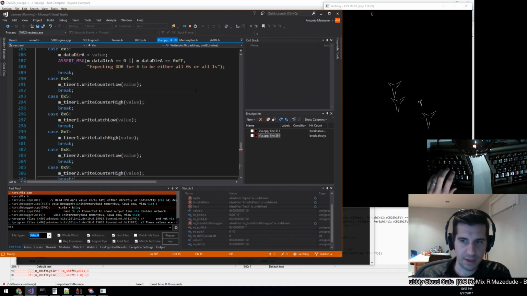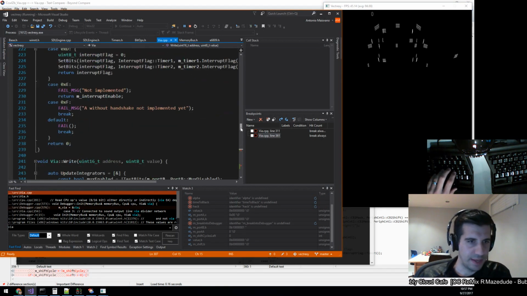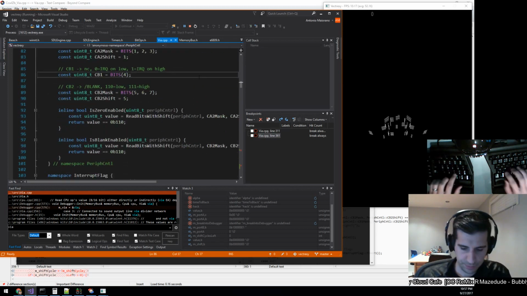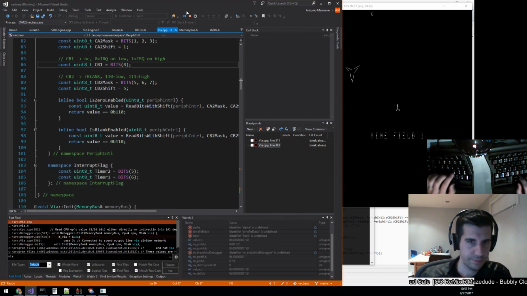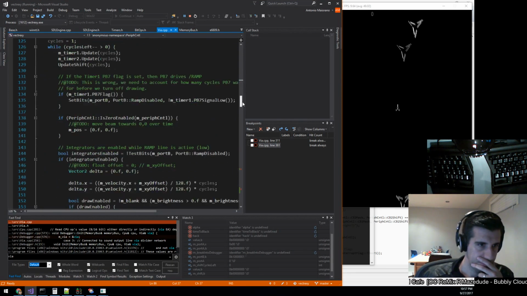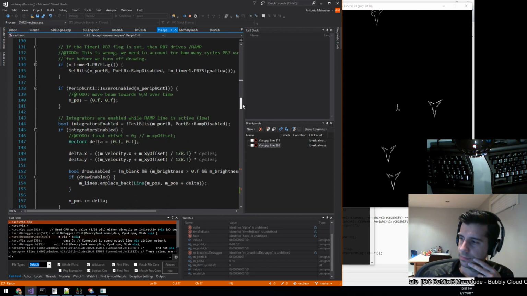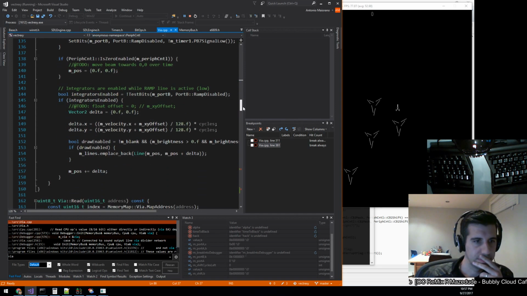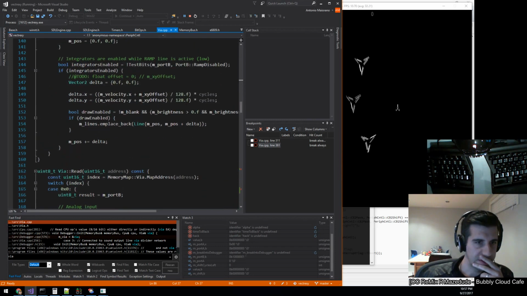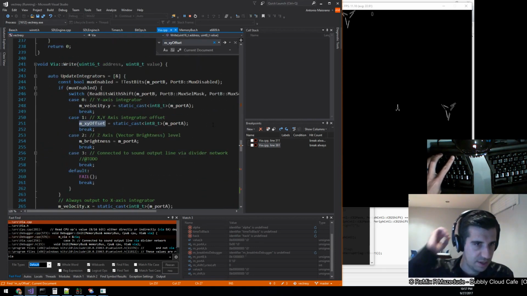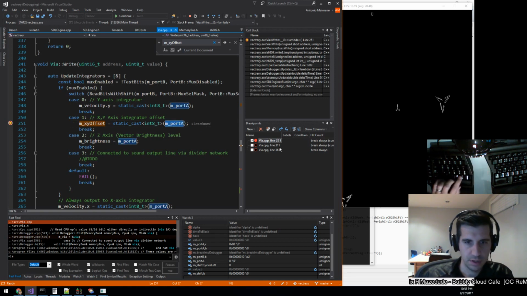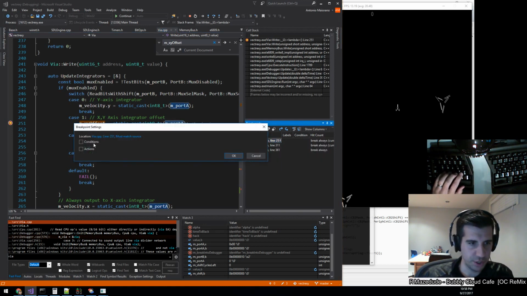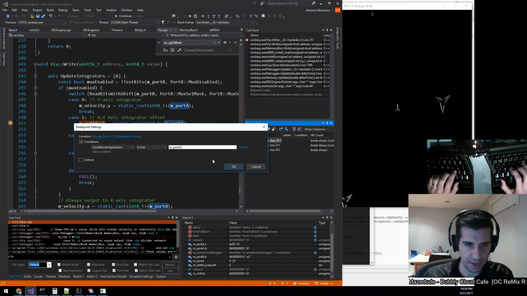And what I mean by that, boom, is here. Let me go see it. This guy, the XY offset. Let's see if this guy ever gets set to a non-zero value. Let's put a conditional breakpoint for when port A is not equal to 0.